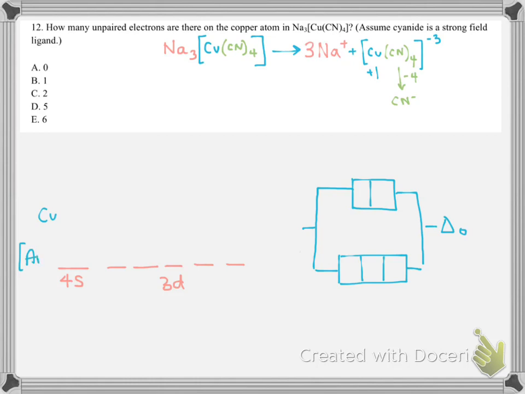So we have our argon core. We have 1 electron in the 4s because it's copper and it's one of our exceptions. And then I'll have 10 electrons in the 3d. And then to make it copper plus, I'm going to erase an electron, the 4s electron.